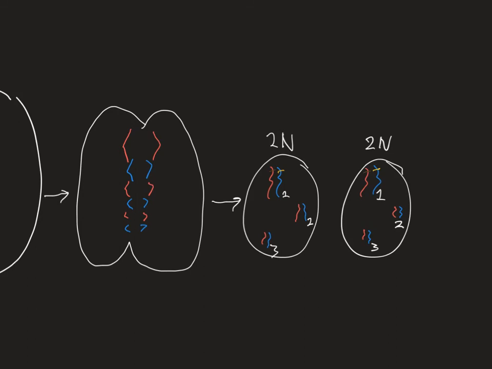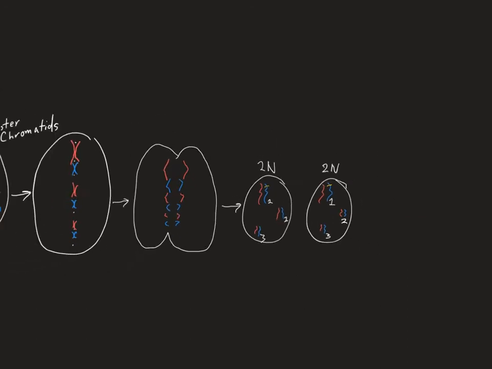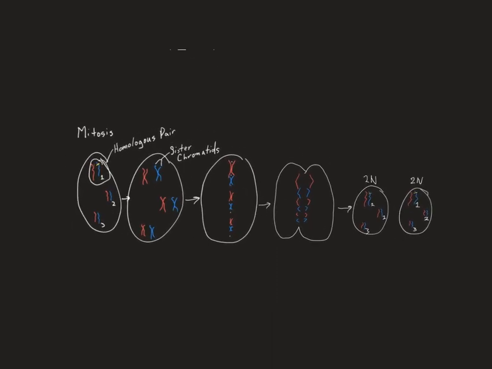Let me zoom out here a little bit so we can see the whole thing. And so we started here with a 2N parental cell, a diploid parental cell.